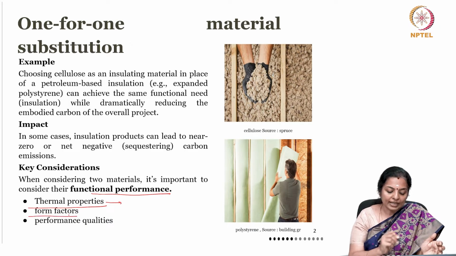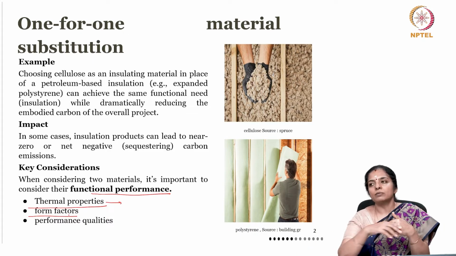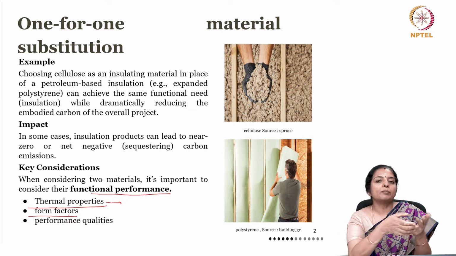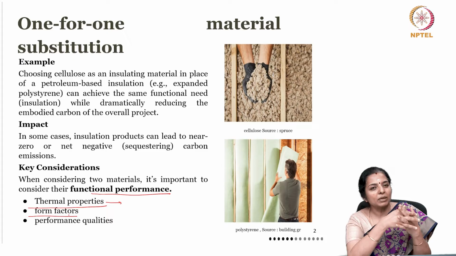Its form factors and its performance quality. Because what happens is you also need to look at its maintenance. When I say performance qualities, it's not necessarily from thermal performance point of view, but from the point of view of maintenance. Sometimes it becomes very cumbersome and difficult for us to keep replacing that particular material. Just because it's low embodied energy, you use it and then it becomes cumbersome.